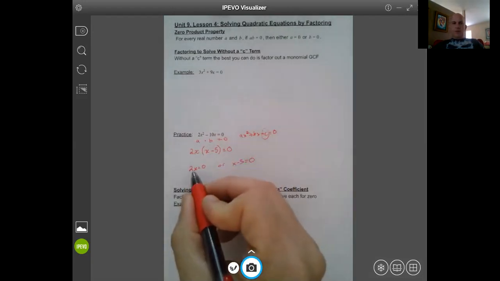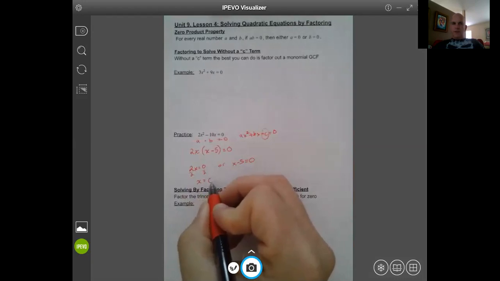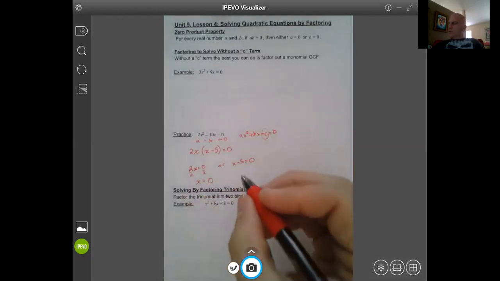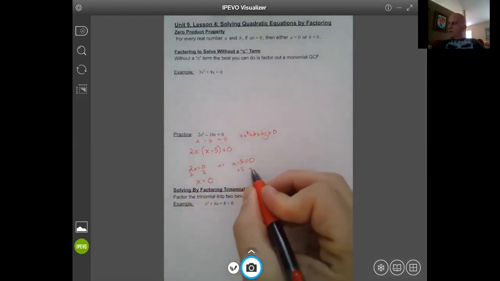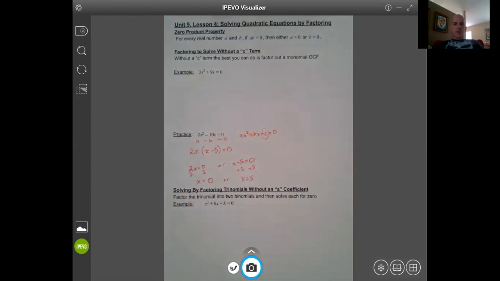For this one, we're just dividing by 2. So 0 divided by 2 is just 0. That's one solution there. And then we would add 5 here, so x equals 5 is the other solution. Those are our two solutions, either 0 or 5.